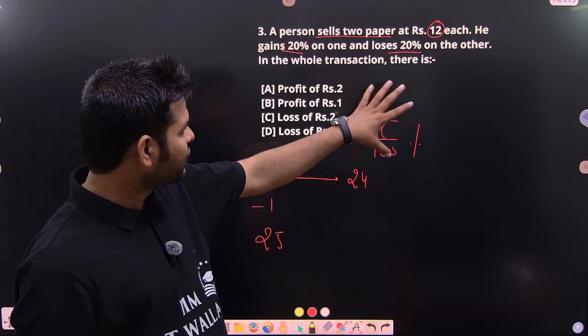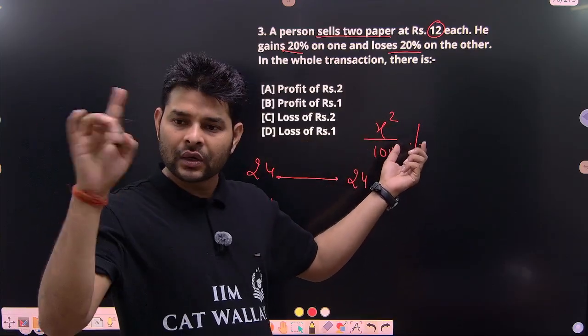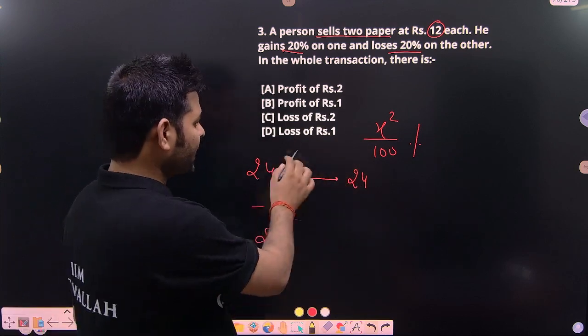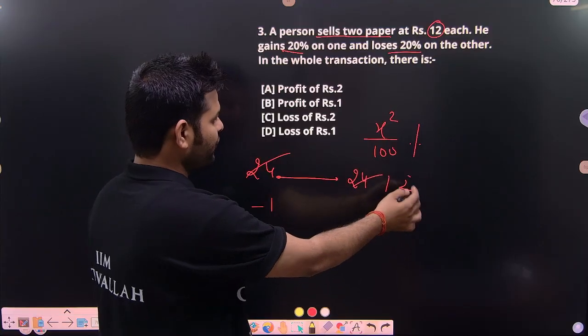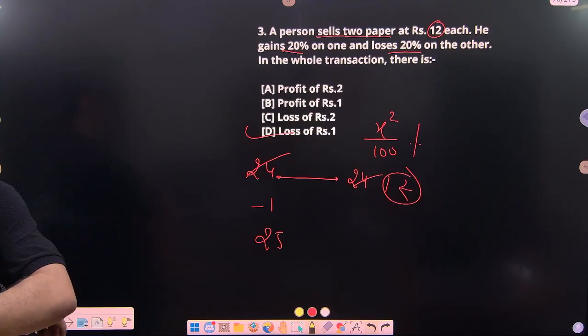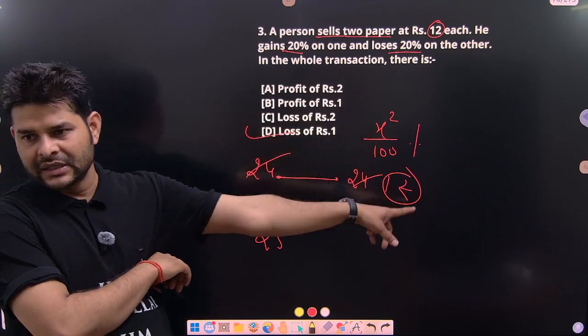We calculate this formula overall, so you need to add overall CP, overall SP. So 1 unit will represent 1 rupee loss. So this formula you need to memorize, girls.